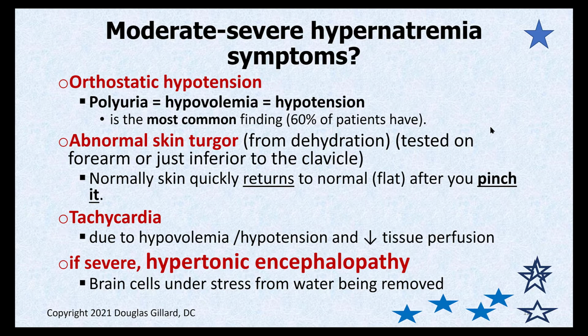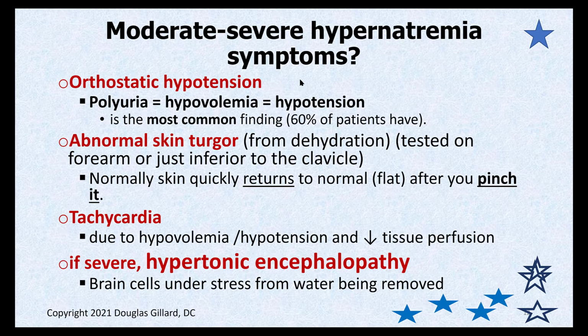We'll look at that just in a minute here, but it's basically when you stand up from a supine position, you get very dizzy and could even pass out. So orthostatic hypotension is from low blood pressure, hypotension, which is from urinating all the water out of your body and not being able to reabsorb the free water. In fact, you guys know how I love these most common findings. That's the most common finding.